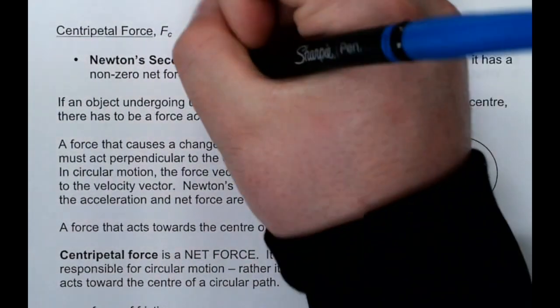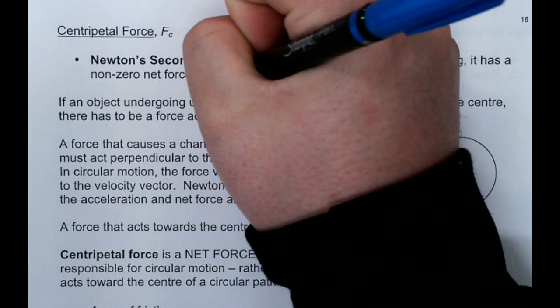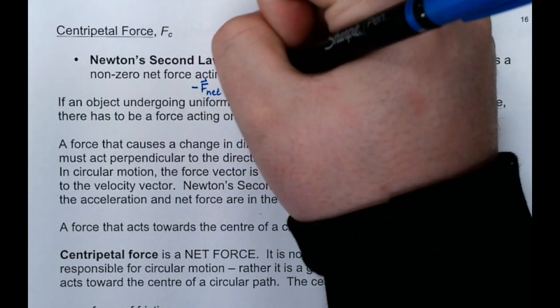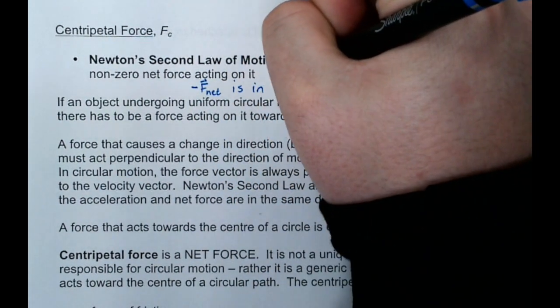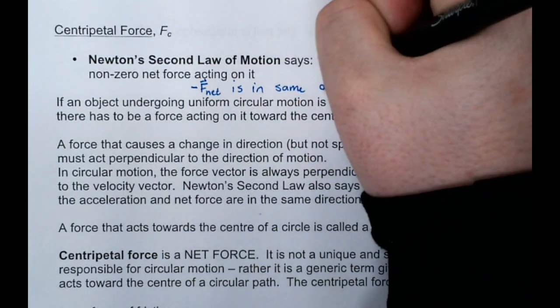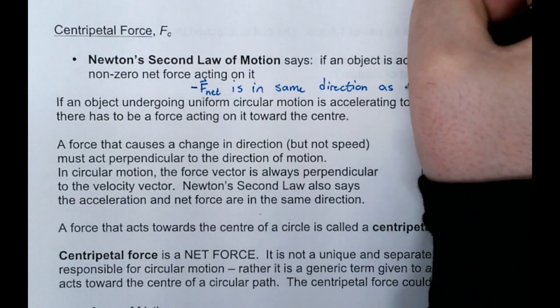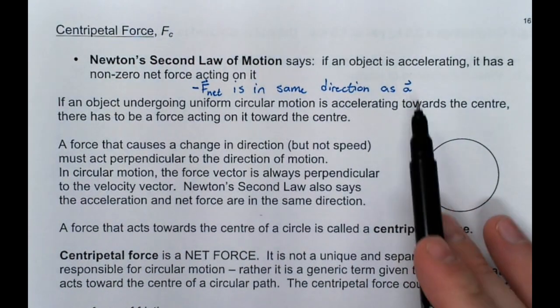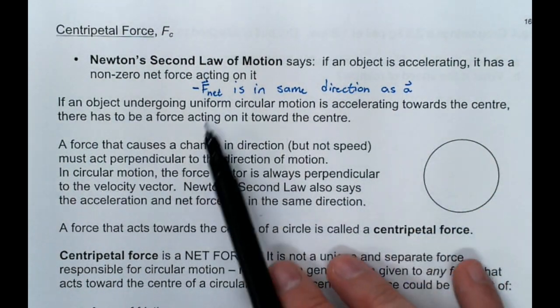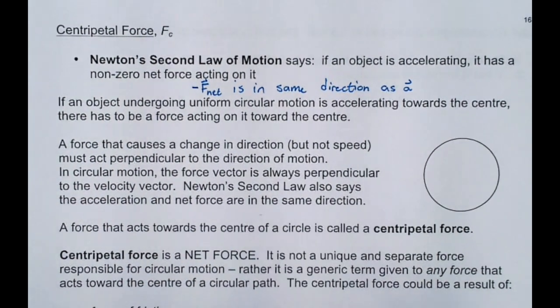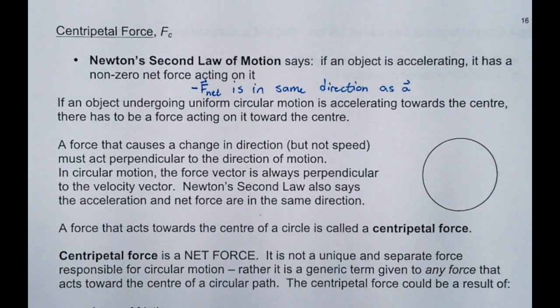In other words, your net force is in the same direction as acceleration. Remember, if there is no acceleration, your F net is 0. That goes back all the way to the first unit.